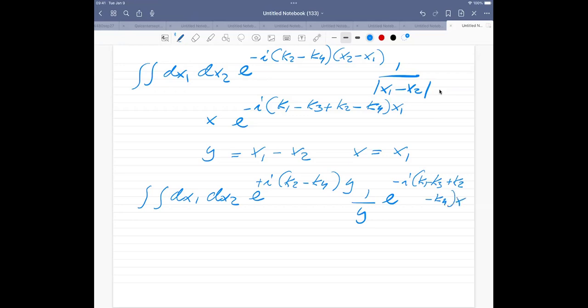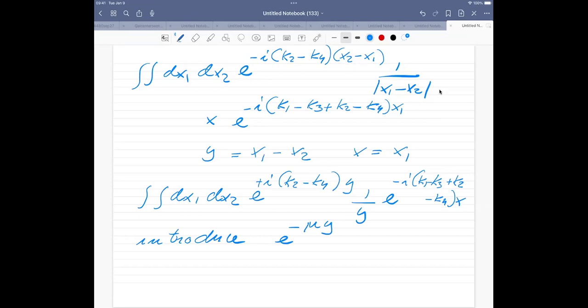The next thing I do is to introduce a convergence factor, and I'm going to take the limit where this convergence factor goes to 0. So I introduce e to the minus mu times y, and later we are going to take the limit. So let's now look at what we have here.